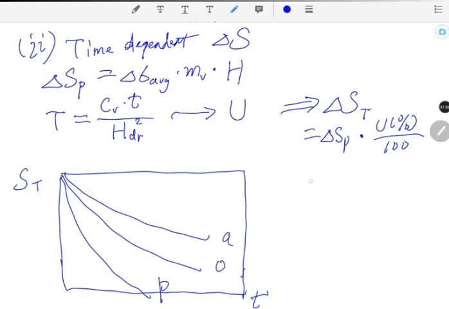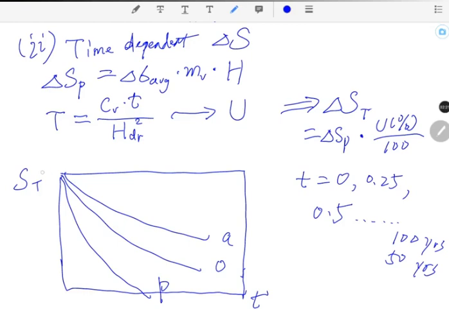So you can use the Excel file to give a timeline of t equals 0, 0.25, 0.5, and until like 100 years or 50 years, just as whatever you like. And then you can get a chart to show the deformation of the soil at a given time. Then you can find the differential settlement between all these 3 points.